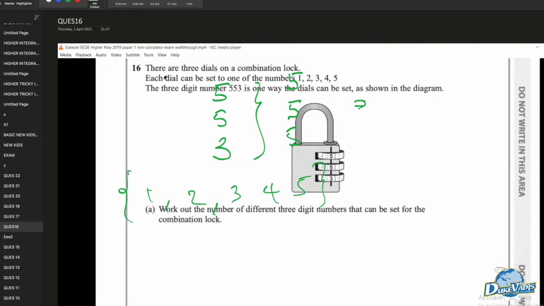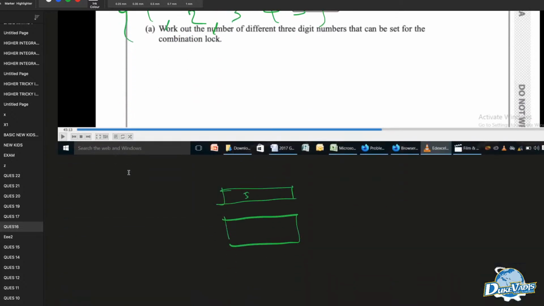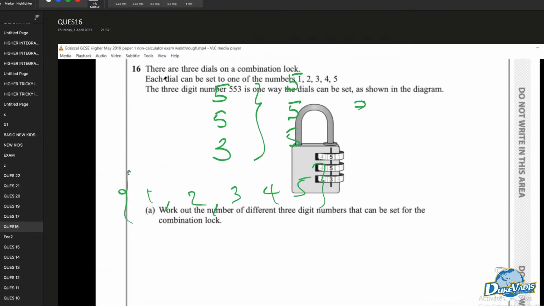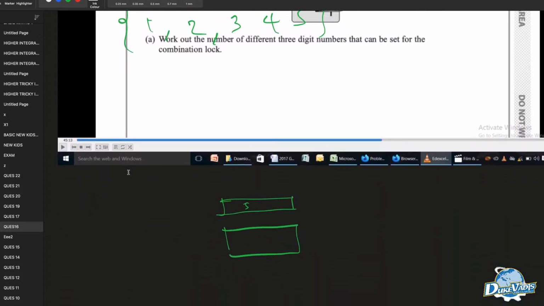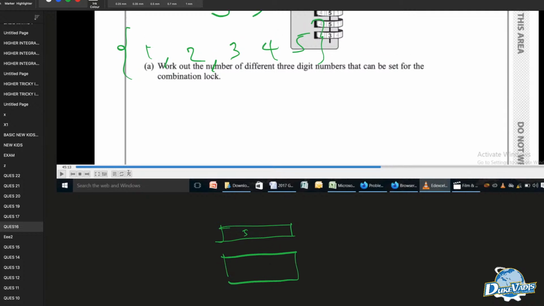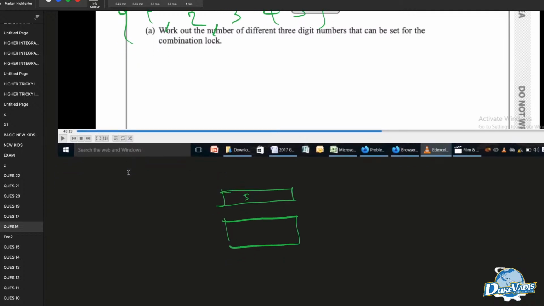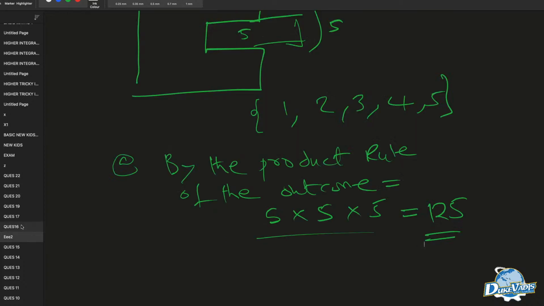It says work out the different numbers that can be set for the combination. And the B part, the likelihood will be 5 by 4 by 3.